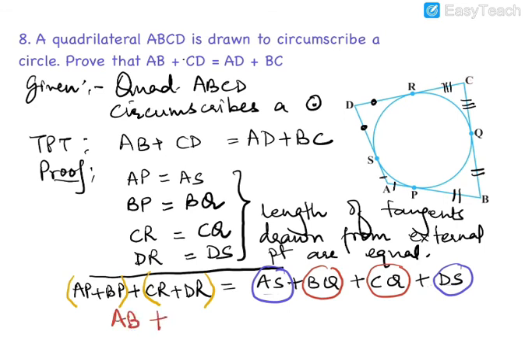CR plus DR is DC. AS plus DS is AD. BQ plus CQ is BC. So we have shown that AB plus CD is equal to AD plus BC.